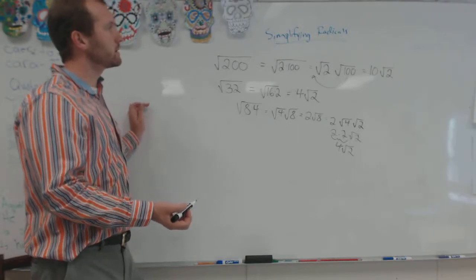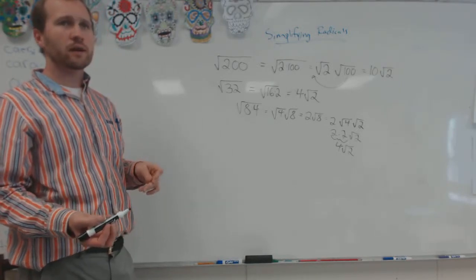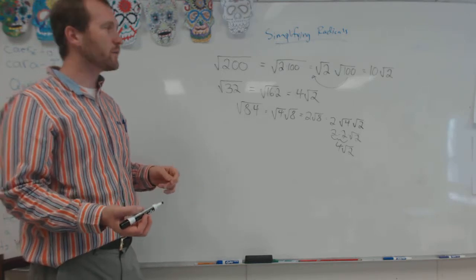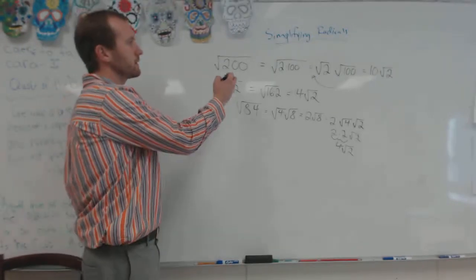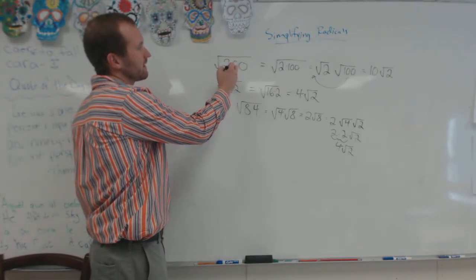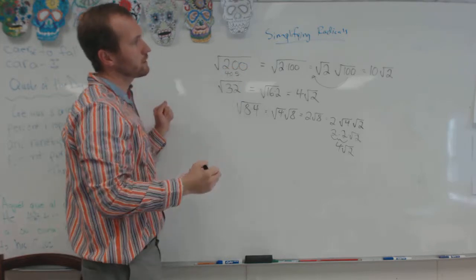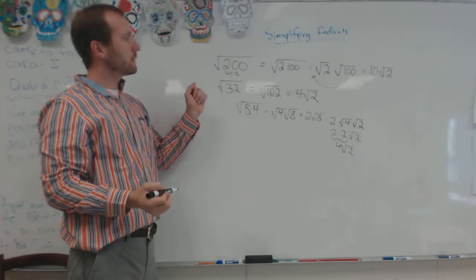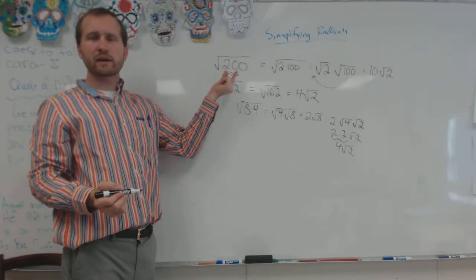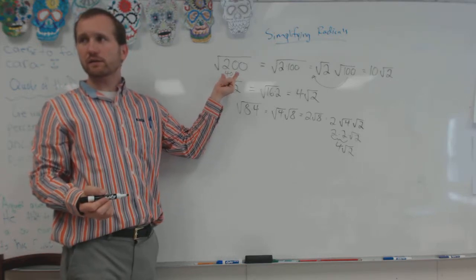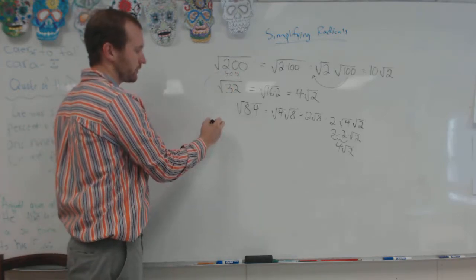On the other hand, you could sometimes come up with answers that aren't really helpful at all. Like, I could think of 200 as like 40 times 5, which is going to kind of, you would still get there eventually if you simplified this, but it would be a little tricky. So let's do that example.